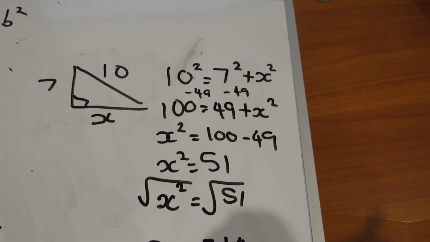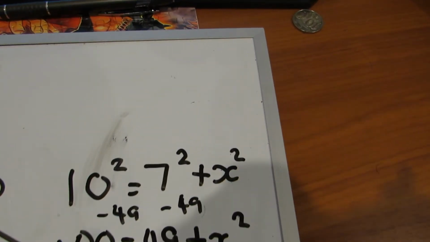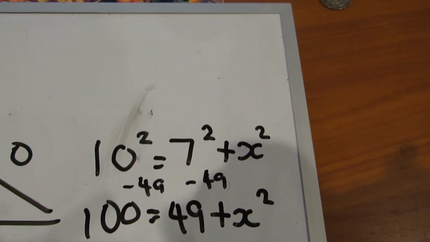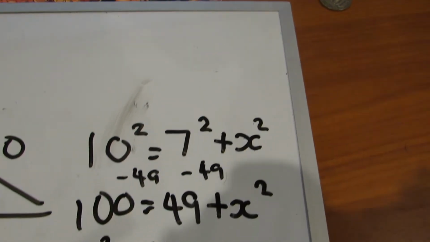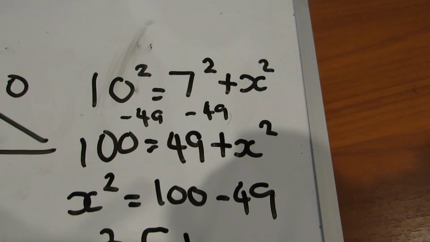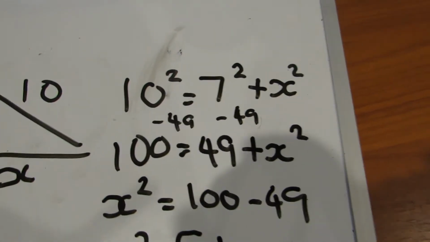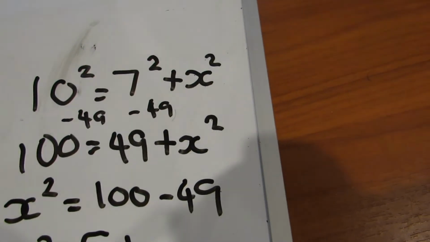So this is what I got. Firstly, I wrote it in the formula sense: 10 squared equals 7 squared plus x squared. So 100 equals 49 plus x squared.